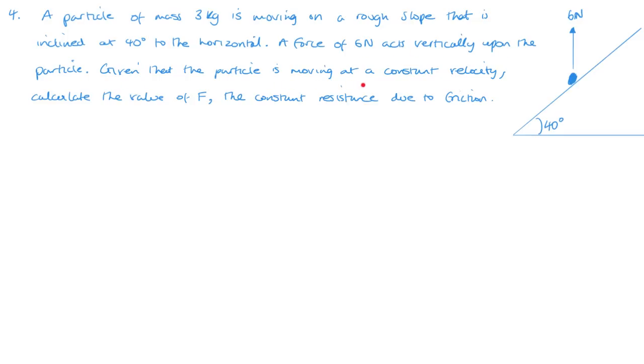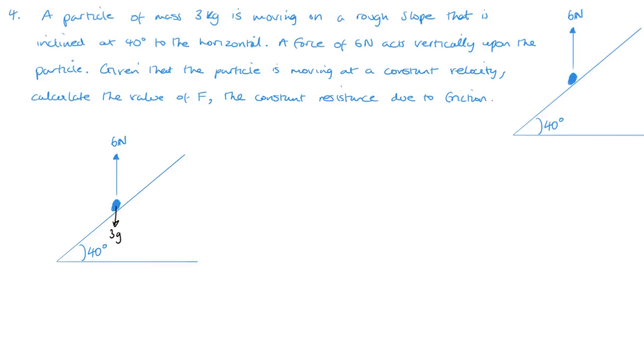Given that the particle is moving at a constant velocity, calculate the value of F, the constant resistance due to friction. Okay, so we've got this, and then this is a 3 kilogram, so 3g newtons acting downwards. And then we've got F, which is the resistance force due to friction.